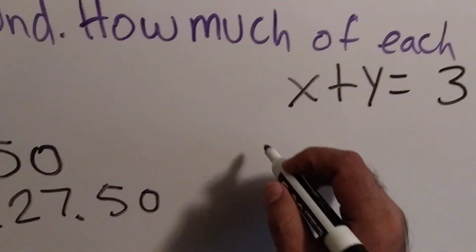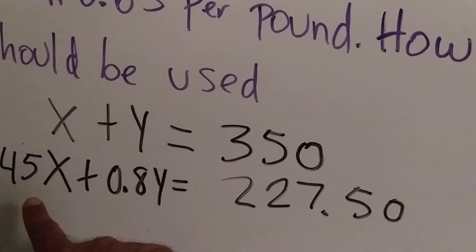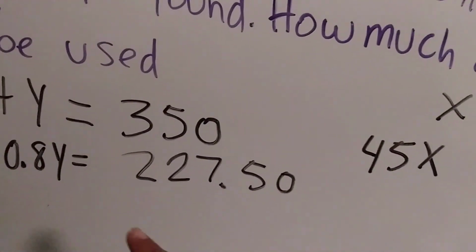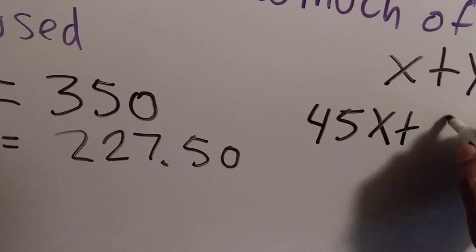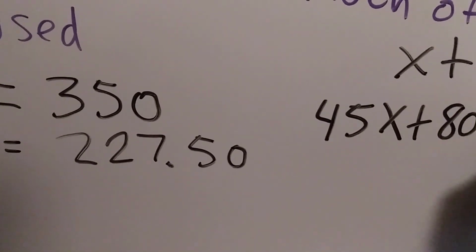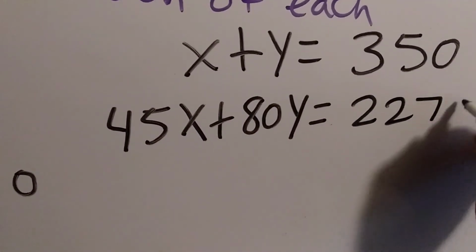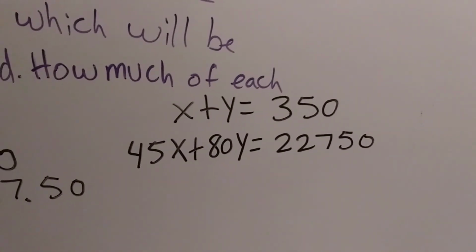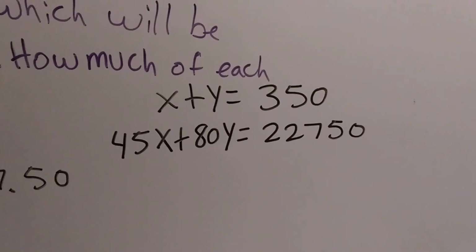And then we have 45x, right? Because it was 0.45. I moved my decimal 2 places to the right. And then I'm going to move my decimal with the 80 cents 2 places. So it'll be plus 80y. It's equal to 227.50. Okay, and you would proceed in solving using either the addition method or the substitution method.